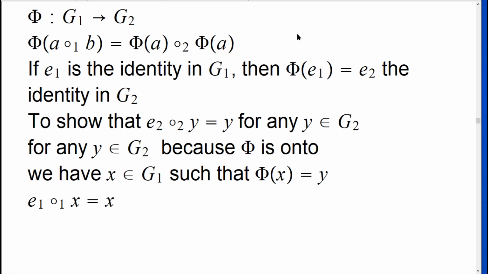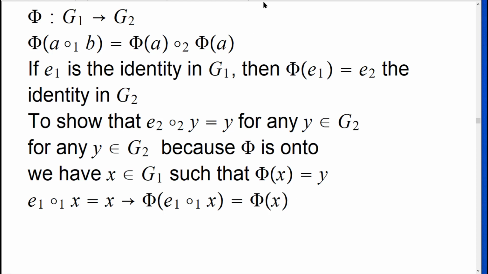Then this will imply, because phi is a map, that phi of E1 O1 x equals phi of x, right?